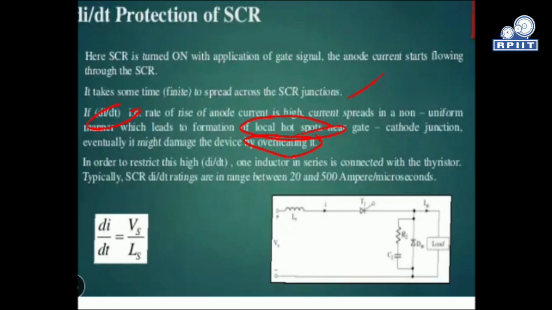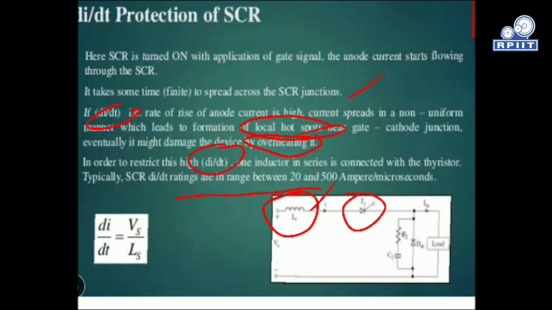In order to resist this high di over dt rating, we have to apply an inductor in series with the thyristor initially, so it will limit the current in the thyristor during its turn-on process. SCR di over dt ratings range between 20 to 500 ampere per microsecond.